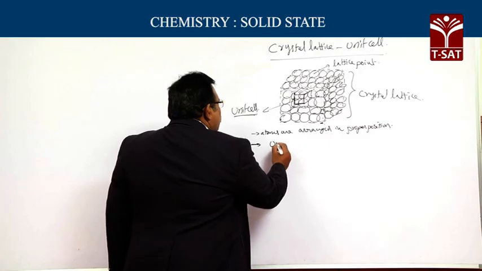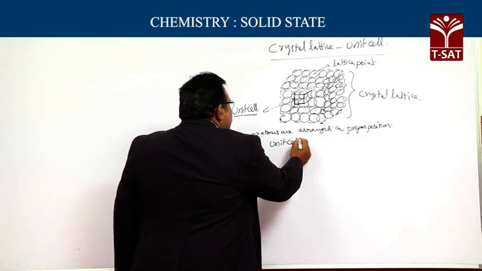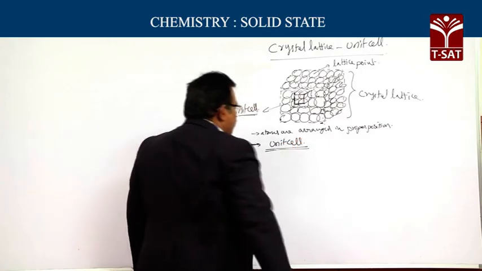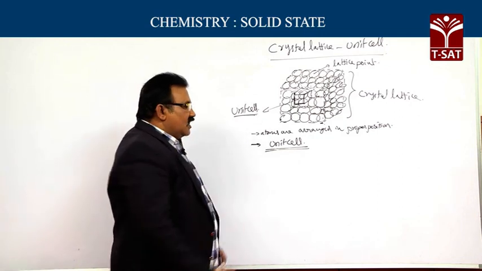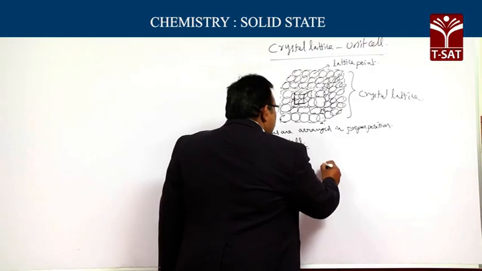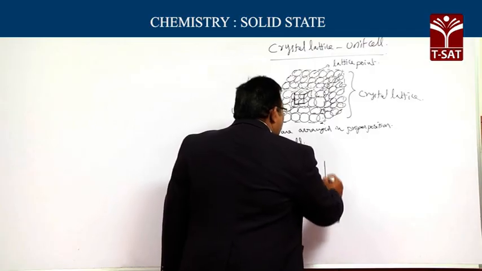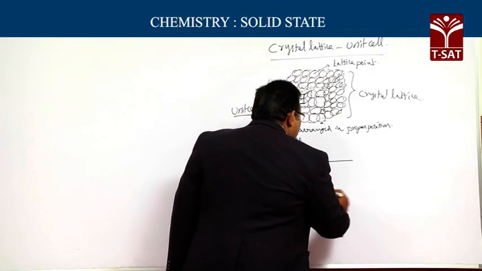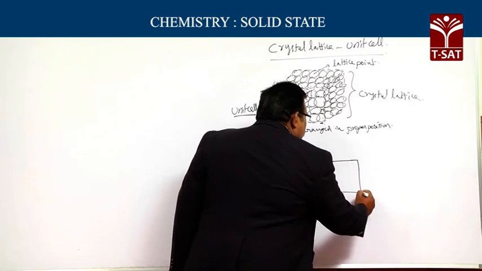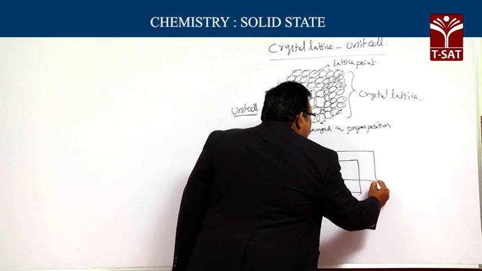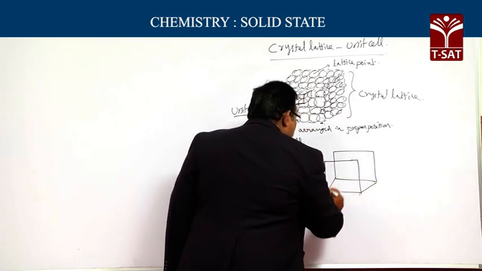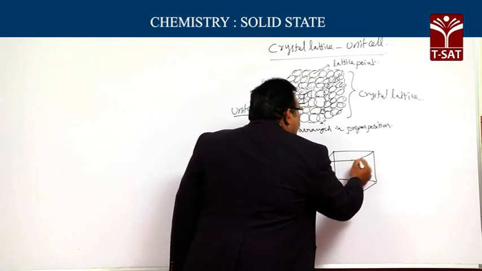Let us have the unit cell. Unit cell is characterized like this. This is one unit cell. It appears like a cube, so it is a cubic unit cell.